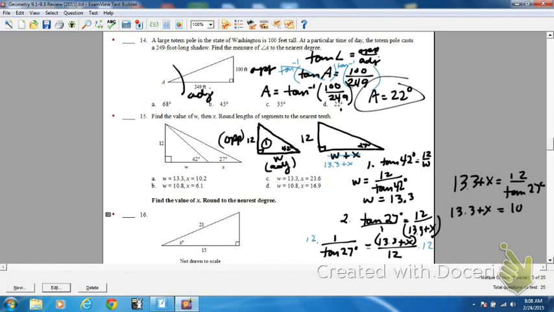It's about 10.3. Or I'm sorry, 20. Let's back up. 23.6. And then you're going to subtract 13.3. I get x equals 10.3. Could be just a little bit of a rounding in the answer key. It's A, which is 13.3 and 10.2.